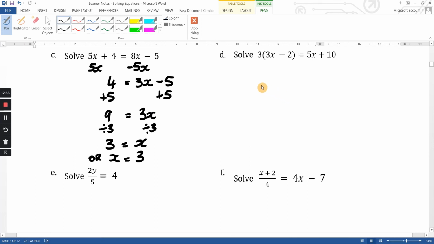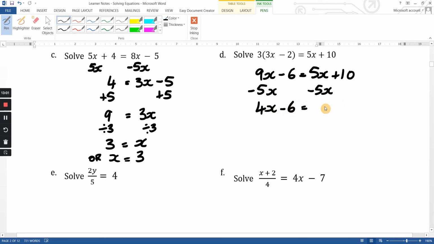Next one. I'm going to multiply the brackets first, so that gives me 9x. 3 times minus 2 is minus 6. Still got this, still got this. Again, I've got x's on both sides. I'm going to keep it on the left-hand side, where I've got 9x. Let's get rid of it from the other side, so I'll have to take away 5x here and here.